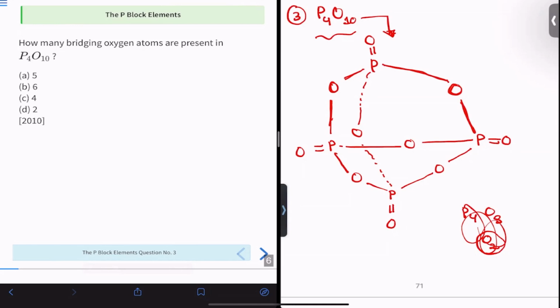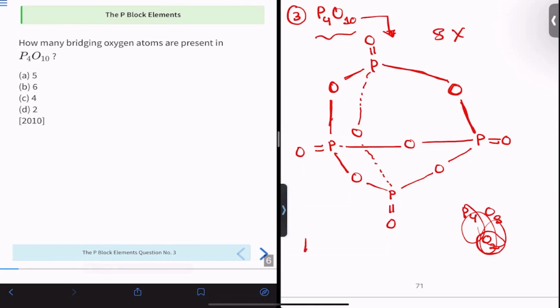Everyone will have a double bonded oxygen atom and a single bonded oxygen atom. So 8 oxygen atoms have been used, and for the rest of the 2 oxygen atoms, connect the oppositely arranged phosphorus atoms using an oxygen atom. That's it. So coming back to the question, how many bridging oxygen does it have?